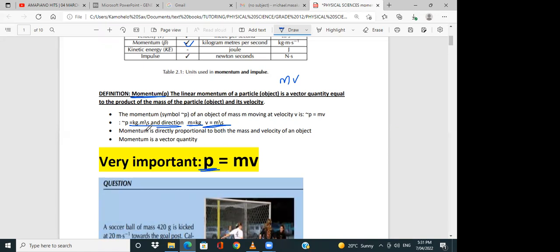Now, momentum is directly proportional to both the mass and the velocity of an object.